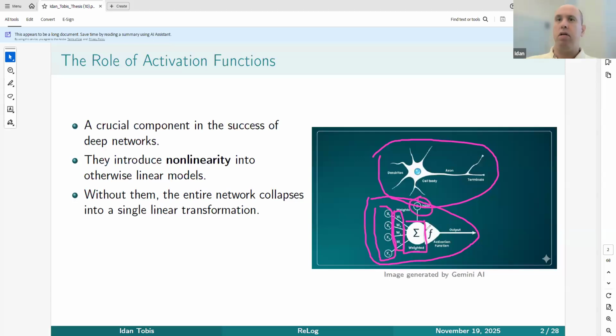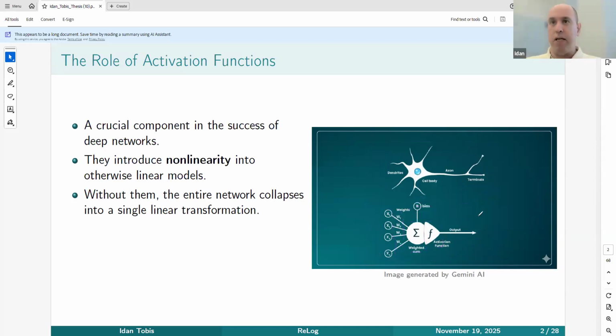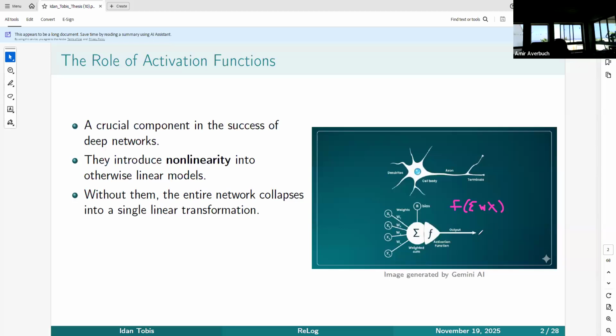We add bias, and then these results go through the activation function. Basically, the activation function adds a nonlinear function on top of the linear matrix multiplication. Okay, so the output is basically just f, which is the activation function, over the sum of all neurons. Okay? Yeah, perfect.